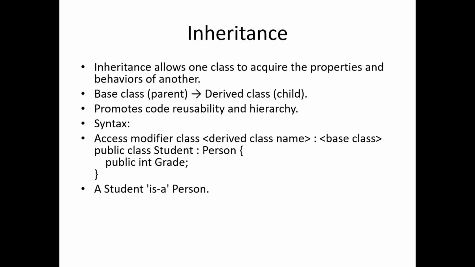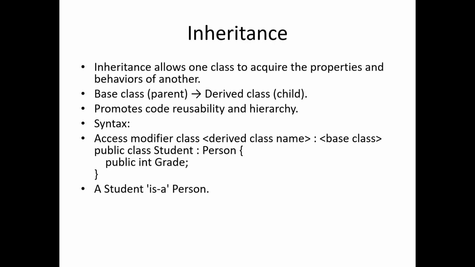Base class will have attributes like name, age, contact, address. So now there are other classes like teacher, student, and dean. Imagine we have three classes. Now all these three will have these attributes, like name, address, and contact.